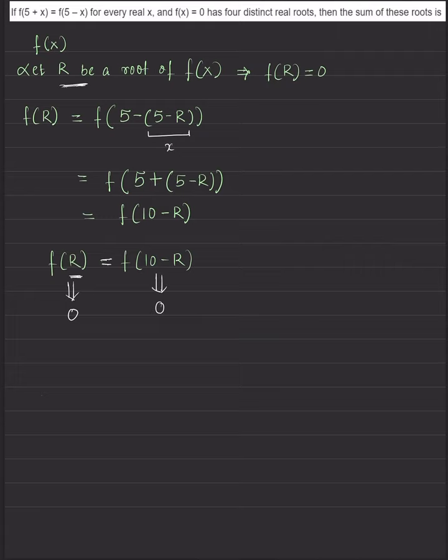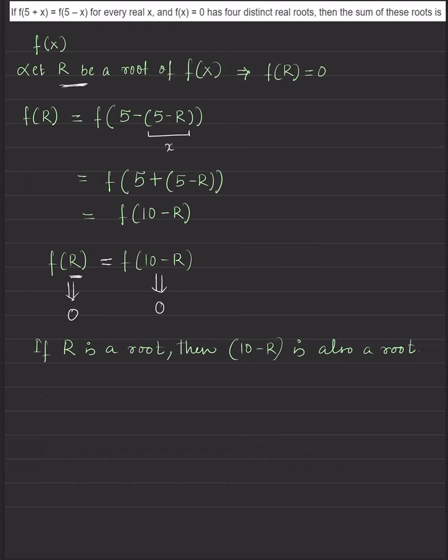Because when we plug in 10 minus r, we get 0, we can say that if r is a root, then the value 10 minus r is also a root.